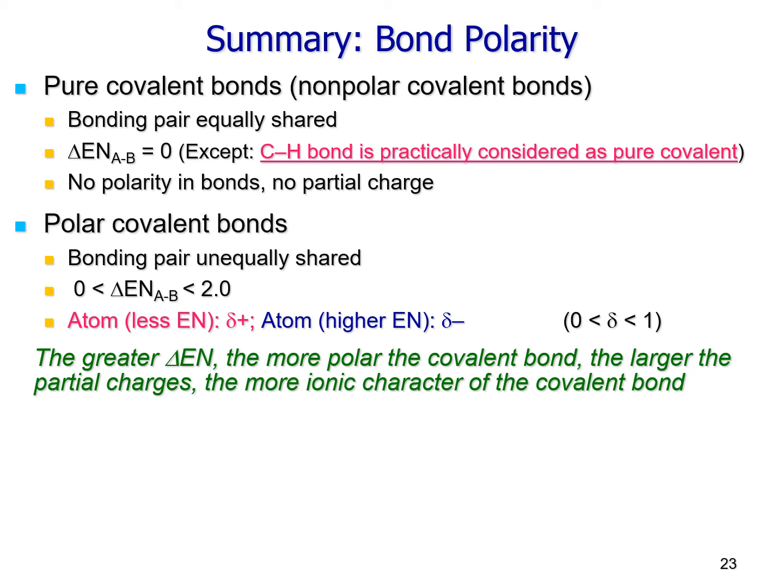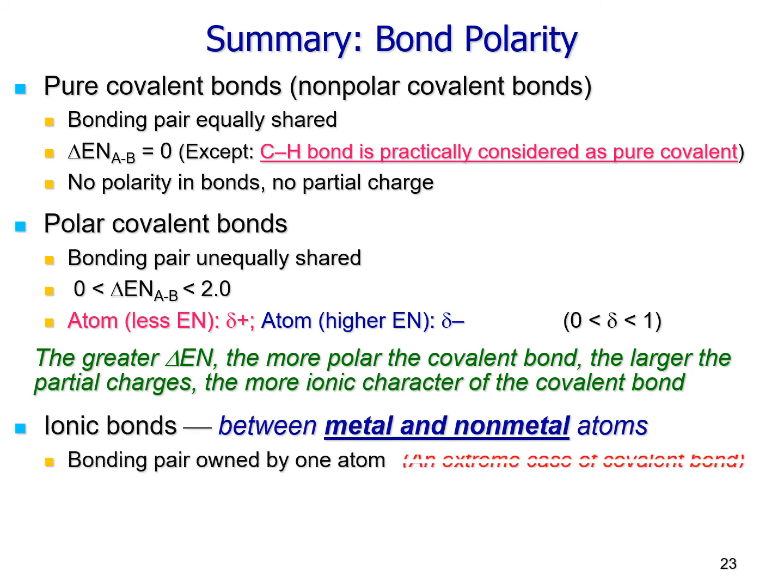The greater the delta EN, the closer it gets to the limit of 2.0. What happens if we have a bond where the delta EN is equal to or greater than 2.0? We're talking about ionic bonding in this case.